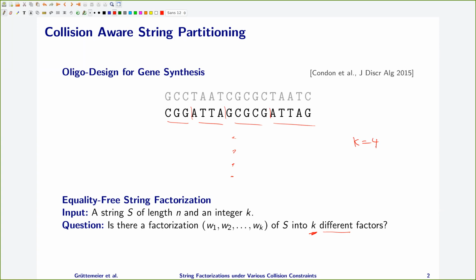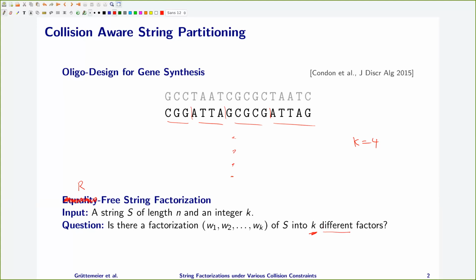If we think about the application, it's actually not sufficient to just demand that these things are unequal. You would want to have bigger differences between the factors. Motivated by this application, we look at a generalization of this problem, which we called R-free string factorization.